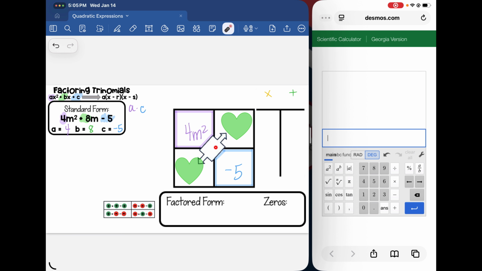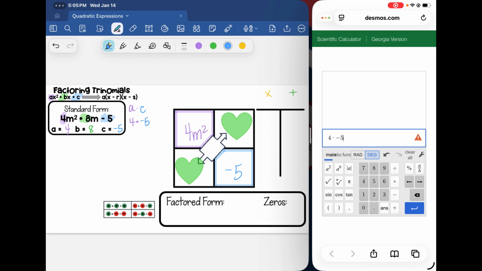Now I need to rewrite this linear term into two values that multiply to A times C and add to B. So if I multiply my A times C, that means I'm multiplying 4 times a negative 5. 4 times negative 5 will give me a negative 20. So A times C is equal to negative 20.